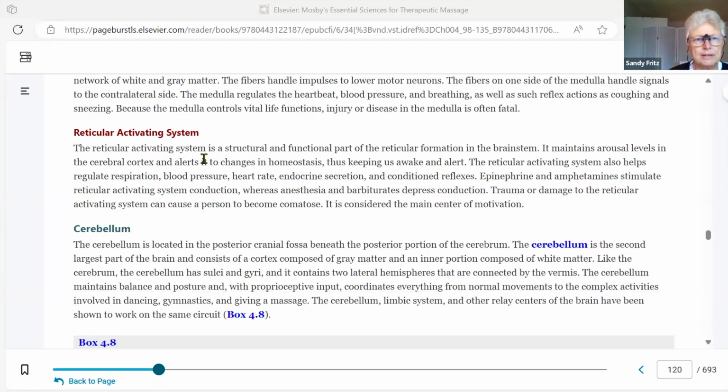The reticular activating system is pretty interesting. It's what stays on even when the rest of the body and brain turns off during sleep.